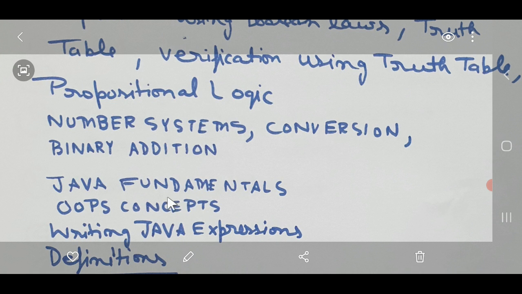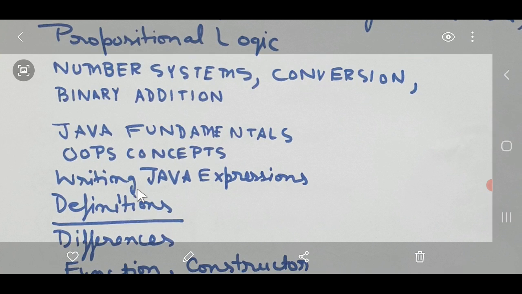After that, students, just prepare quickly the Java fundamentals, which you've already done in class 9th and 10th. OOPs concepts, and yes, Java expressions: how to write a Java expression. A normal mathematical expression is given, and how do you convert it? The same thing you have done in class 9th and 10th as well, so that's quite easy.